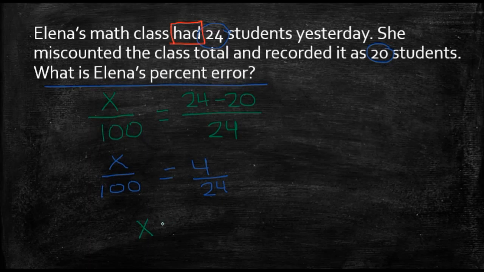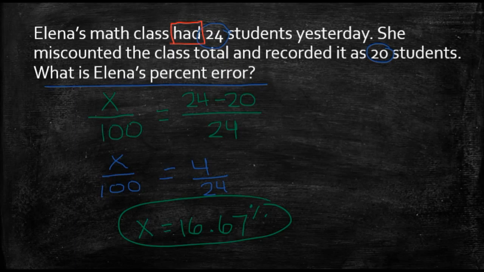Okay, you should have x equals 16.6 repeating. I am going to round to the nearest hundredths, just like we're used to doing. And so I'm rounding it to 16.67%. I don't want to forget my percent sign there. So these are pretty simple as long as you make sure that you are using the right proportion.